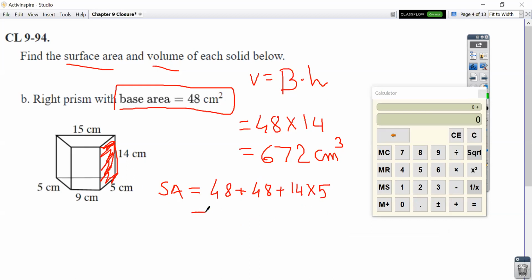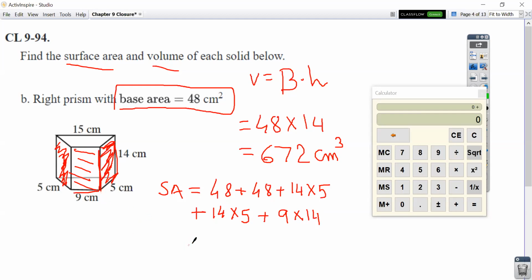Plus, right here is the same thing, 14 times 5. Plus, right here in the center, we have 9 times 14. This is 9 and this is 14. See it now?